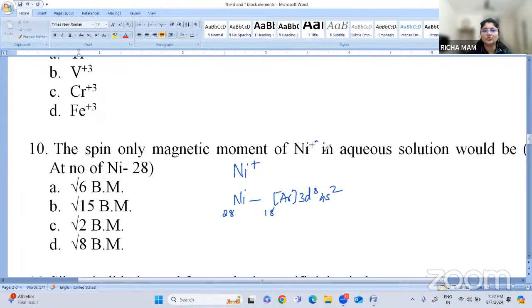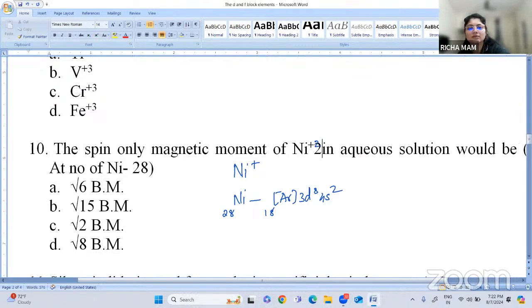Yes, it is nickel plus 2. Take it as plus 2, not plus 1. Let me make the change here. So it is nickel plus 2.